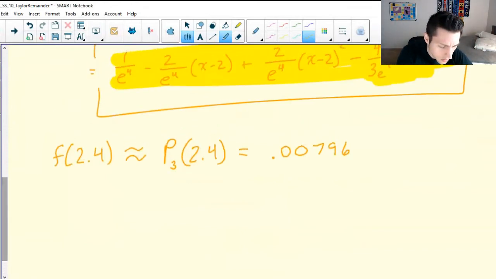So now let's see if we actually plug it in. E to the 2.4 times -2.